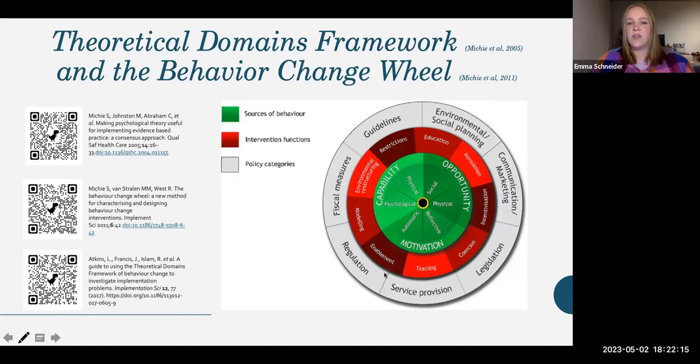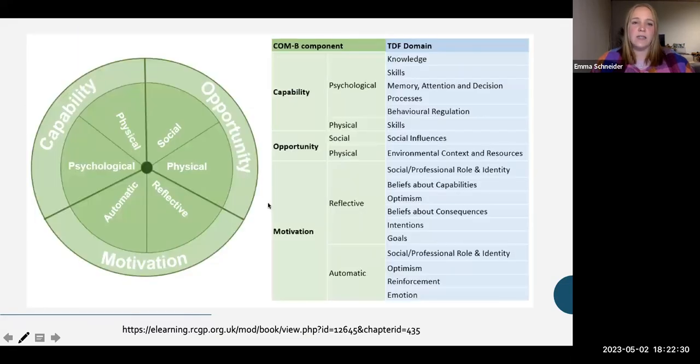Then there are suggested intervention functions, which are in red. Maybe education is best, or maybe training or enablement might be best for one of those criteria. And then the grey ones around the edges are the policy categories and how they all overlap and interact.